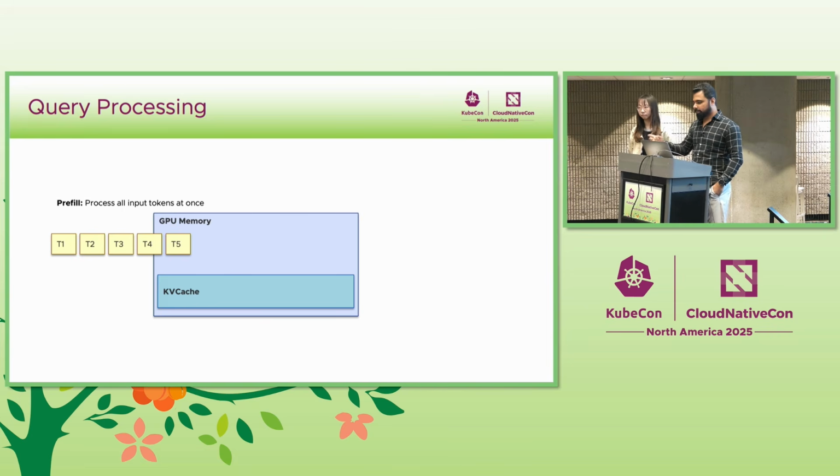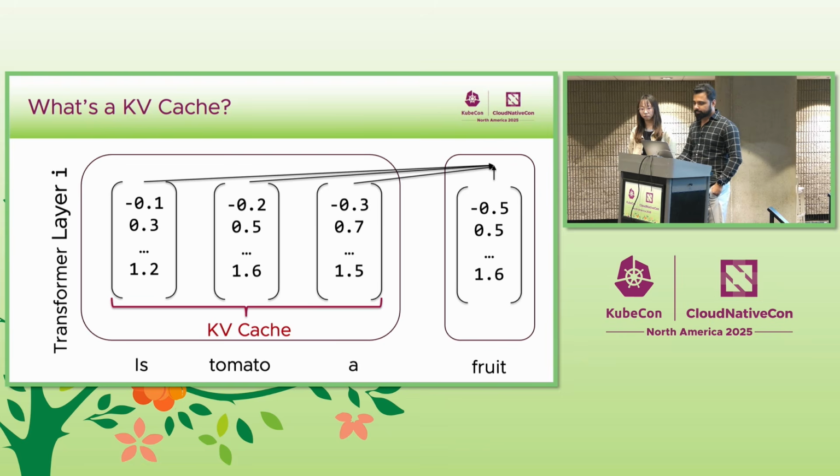We'll look a bit deeper later at what KV cache is, but understand it's some metadata that is then used for the decode phase. From the time you send that request until the decode phase starts, that's the whole time to first token that I mentioned earlier. Decode starts one token at a time, using the KV cache that was generated during the prefill phase. So that's a single query in action.